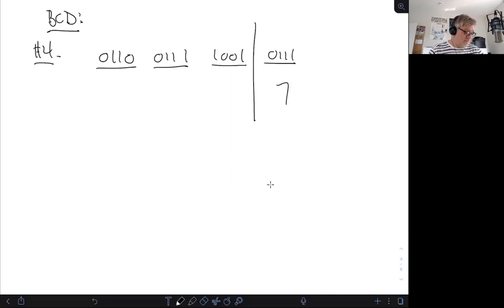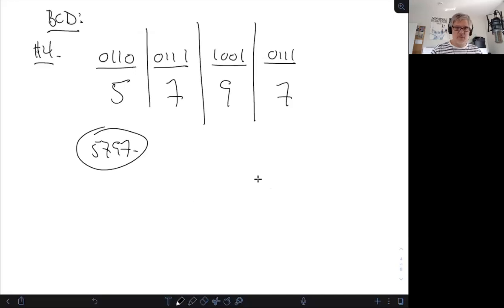So this is 7 in binary, this is 9, this is 7, and this is 6. So 6797 should be the right answer. Hopefully. Sorry, that's a 6.